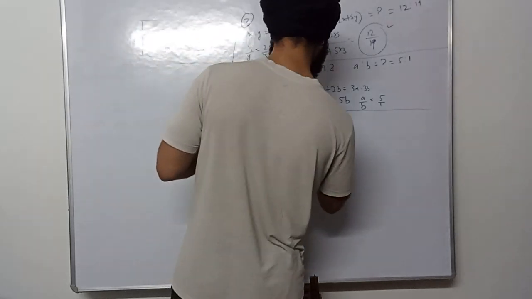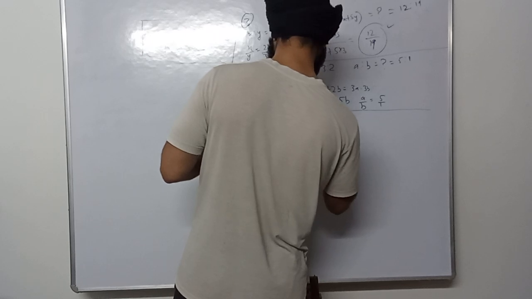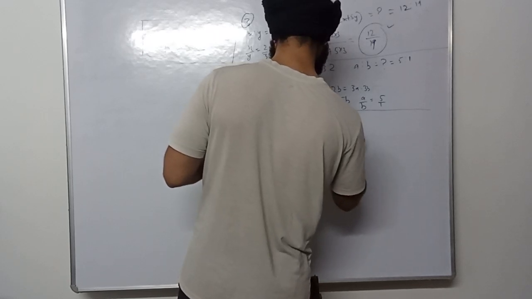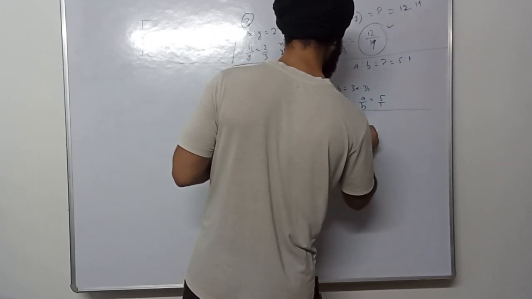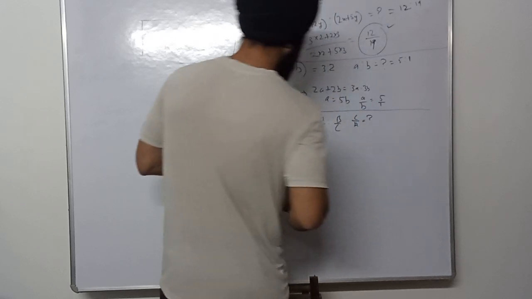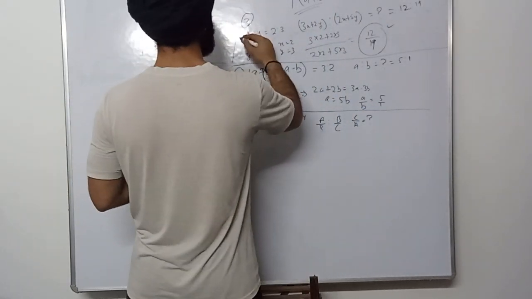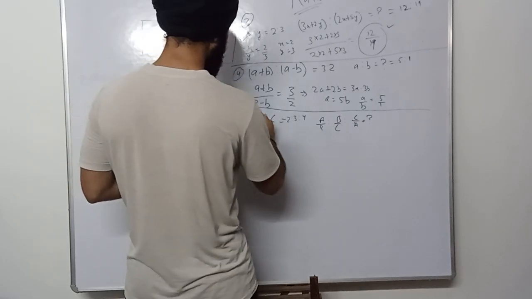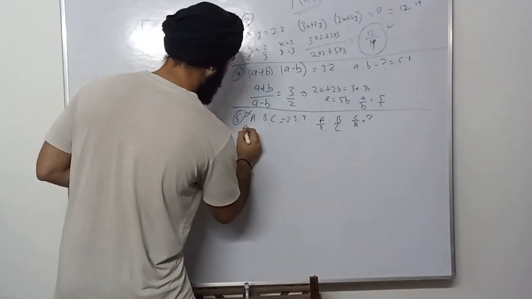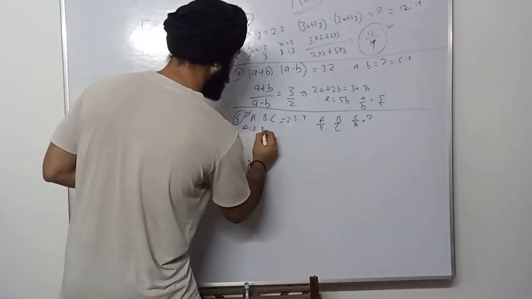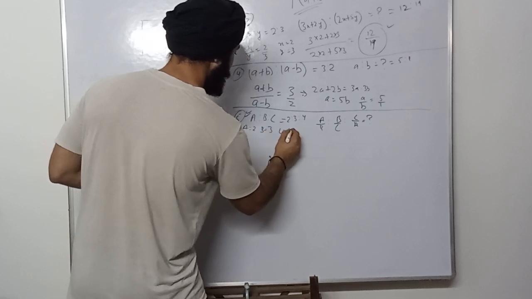We have to find a by b ratio b by c ratio c by a ratio. This we have to find. So the same technique we have used in question number 3, we will use in question number 5. So we will let a is equals to 2, b is equals to 3, c is equals to 4.